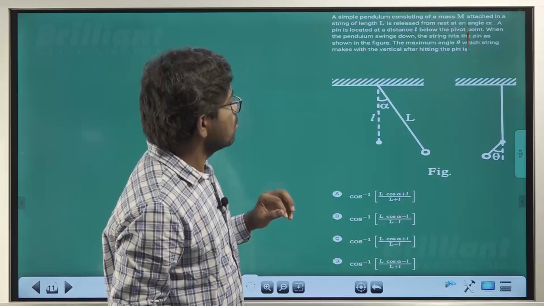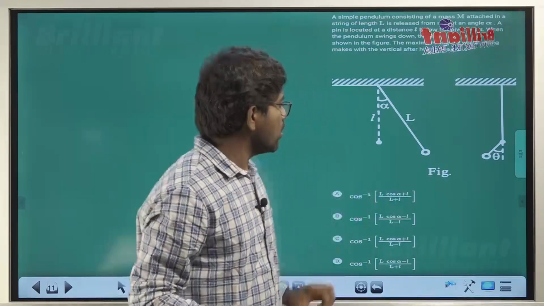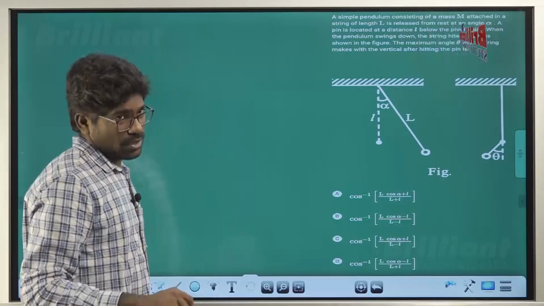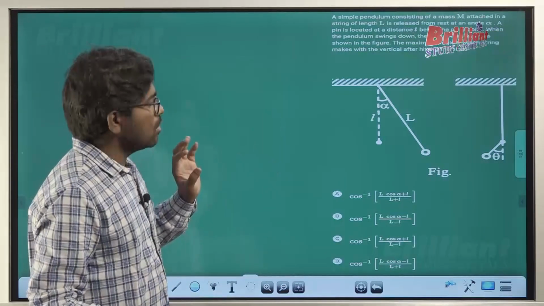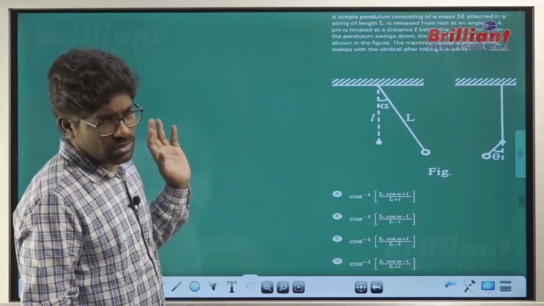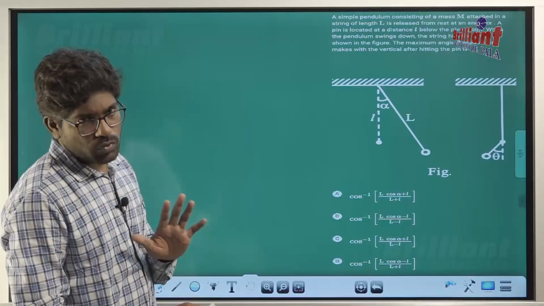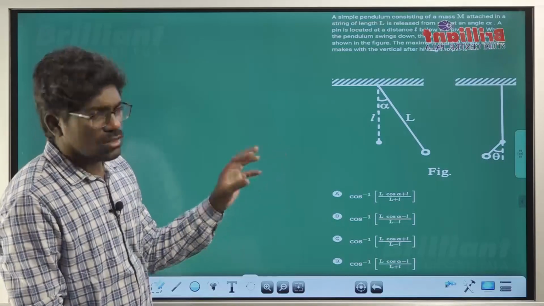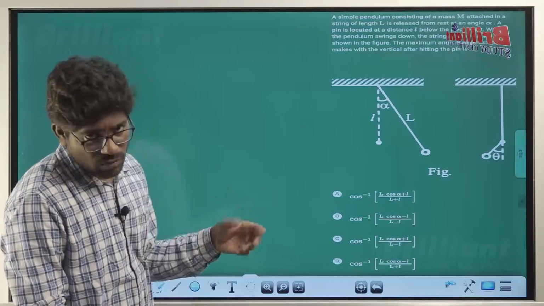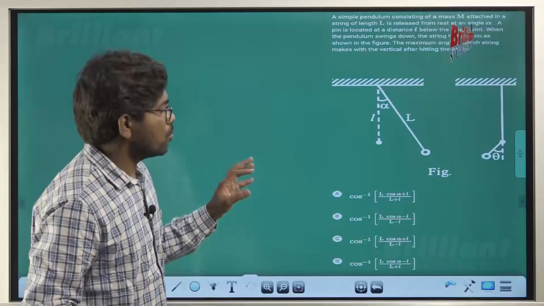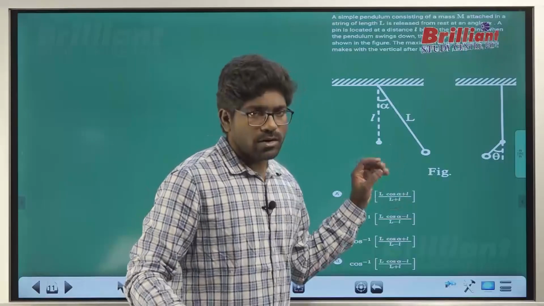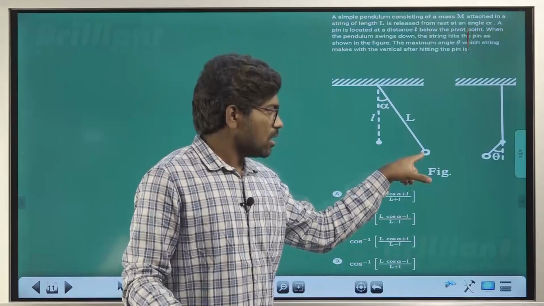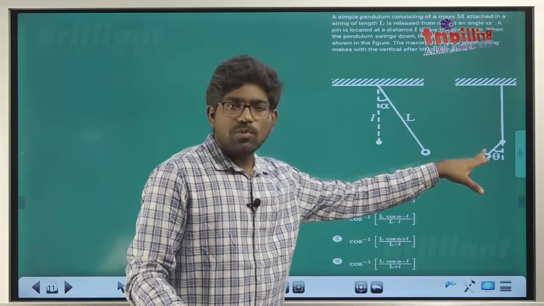Then what is this theta? How to get this value of theta here? Draw the diagram properly here, then you will be able to solve it. The thing you can do is energy conservation. If you choose 2 easy points, energy conservation you can do from anywhere to anywhere, right? Let's say the speed is 0 at this point, and finally at this point the speed will also be 0.